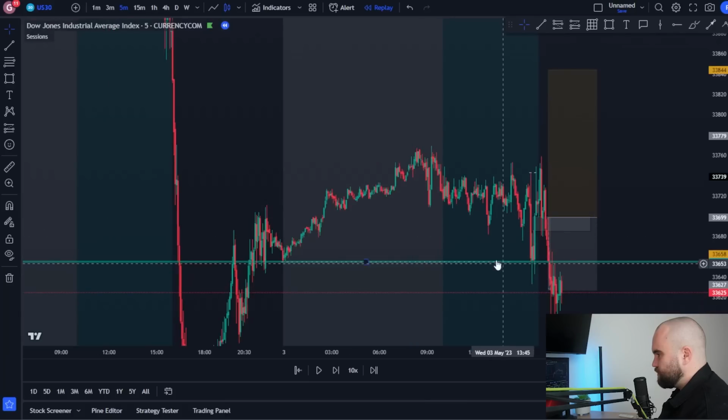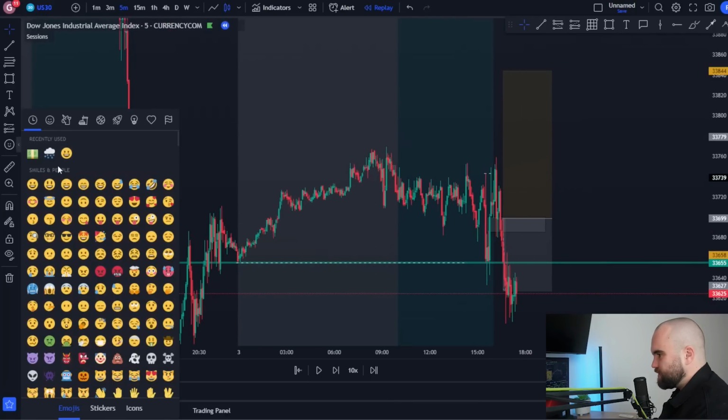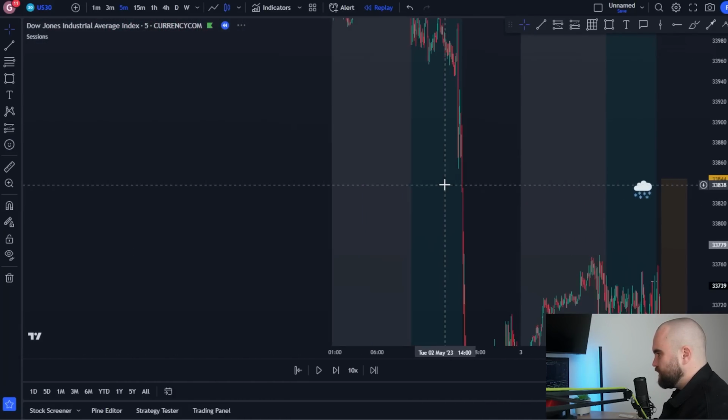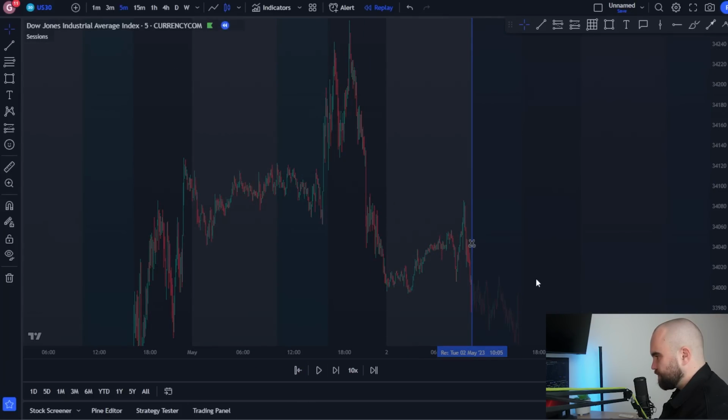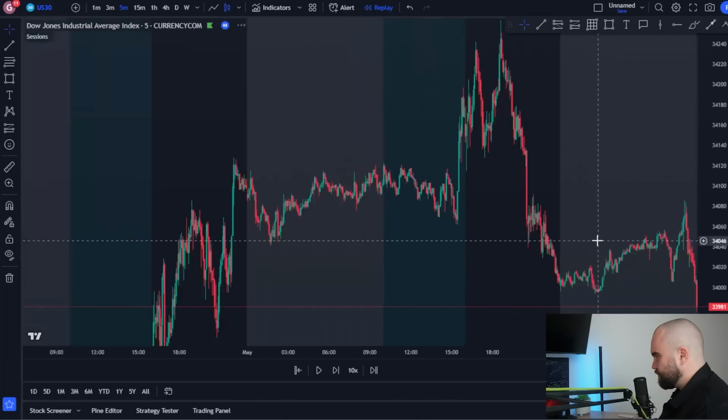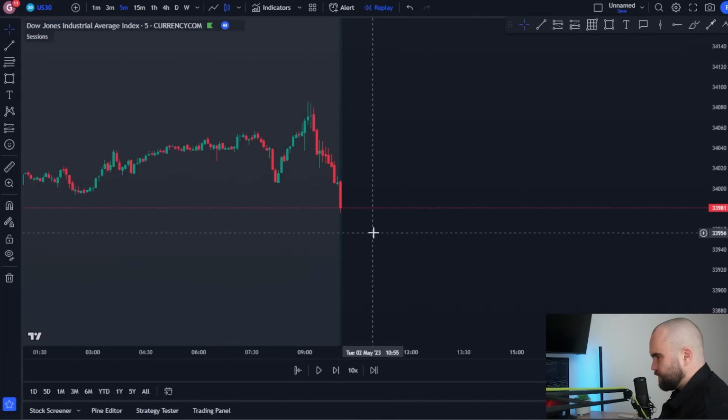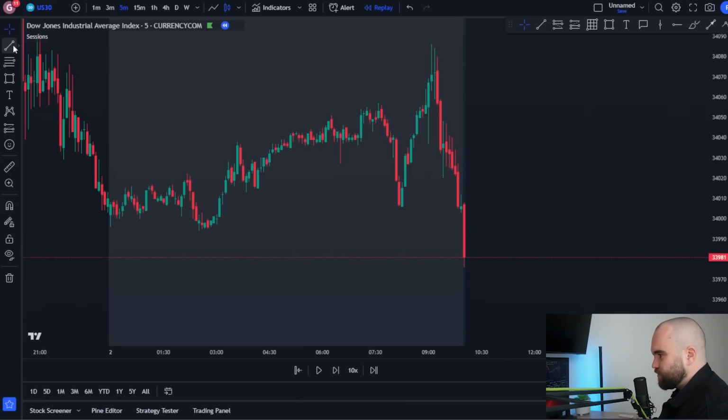So this was according to our rules, and we did take a loss on this position. So let's have a look at another day. Okay, so here is our sweep.